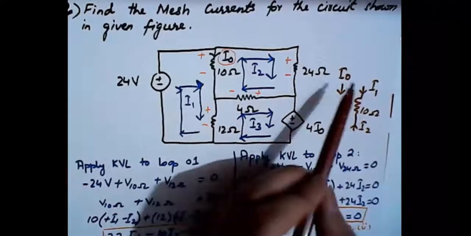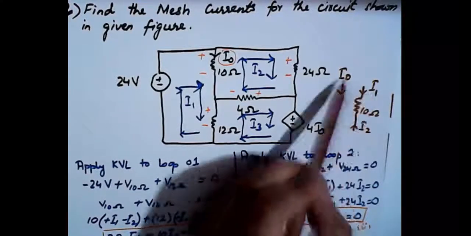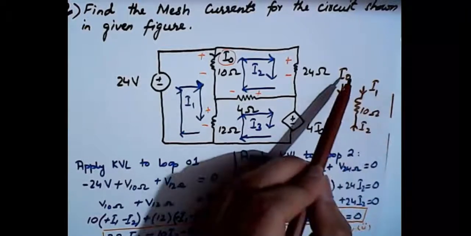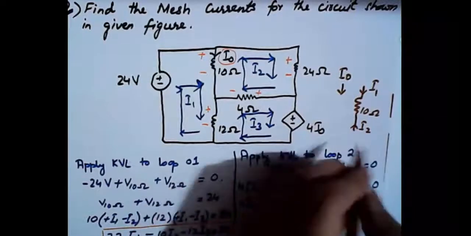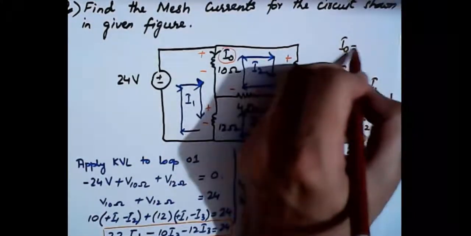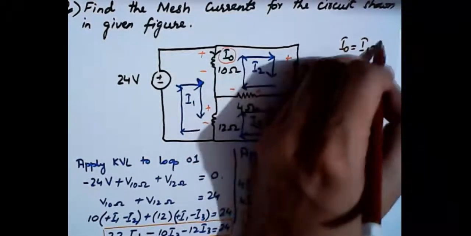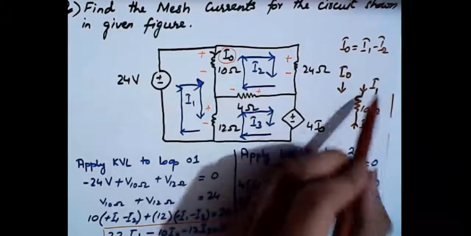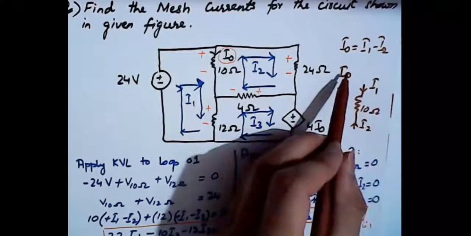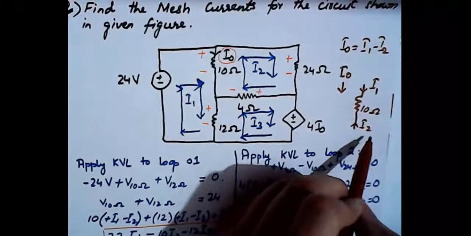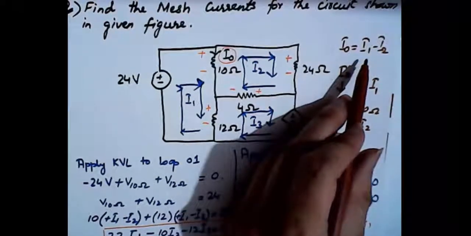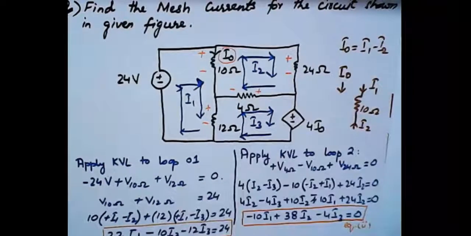We can see that I0 and I1 have the same direction, whereas I2 is in the opposite direction. So I0 will be equal to I1 minus I2. Why I1 minus I2? Because I1 has the same direction as I0 and I2 has the opposite direction, so the net current will be I1 minus I2.